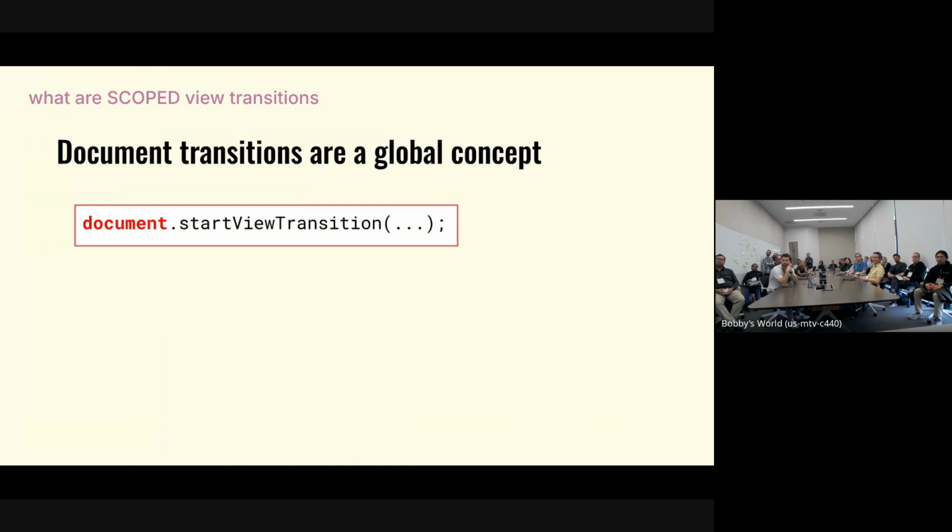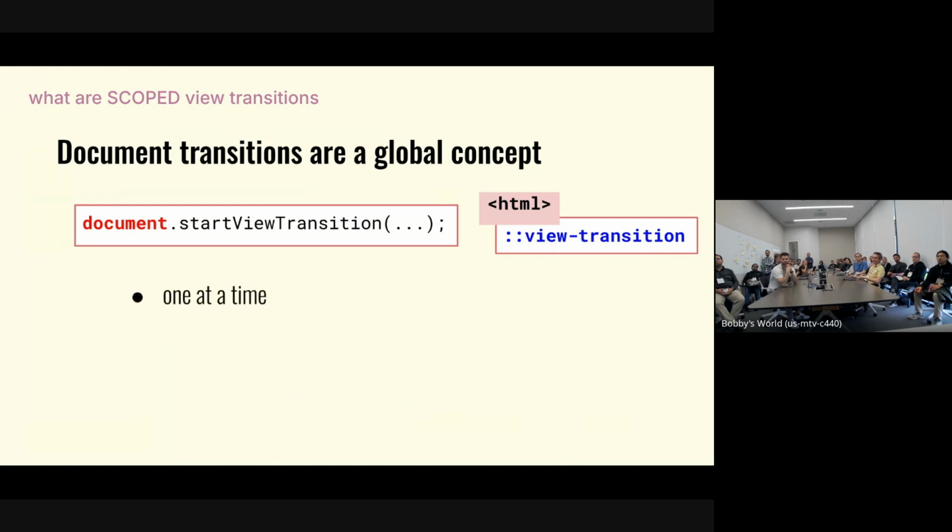And when we set up that pseudo tree for the special view transition pseudo elements, those are hanging off of the document element, the HTML element. So that's limiting, because for one thing, you can only run one transition at a time. As I mentioned, we have to pause the rendering for the entire page.